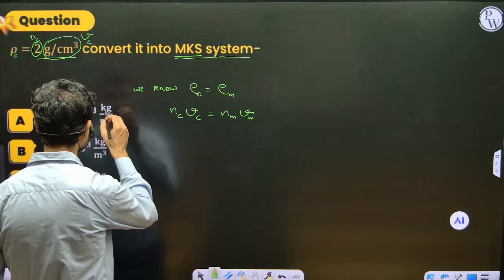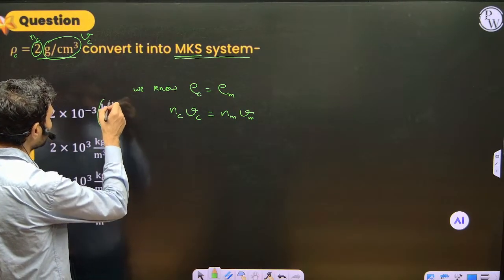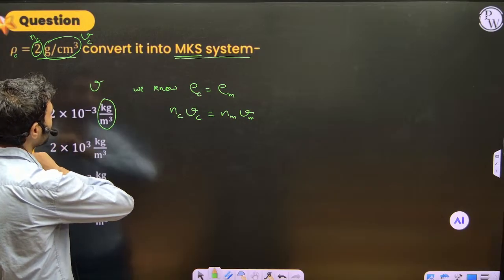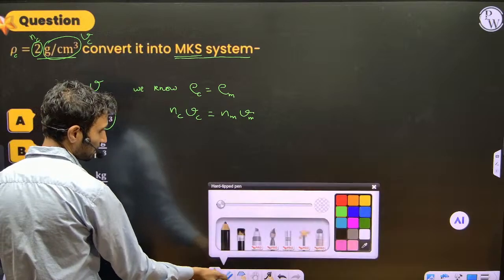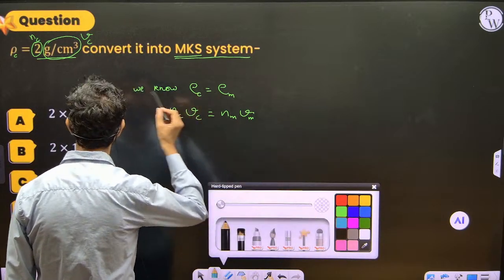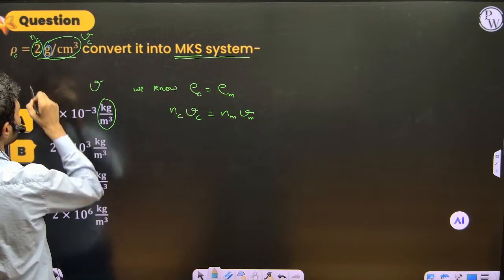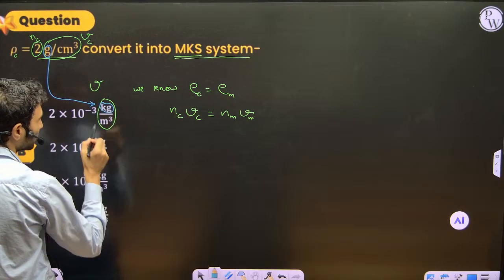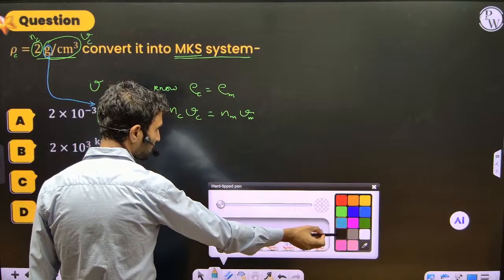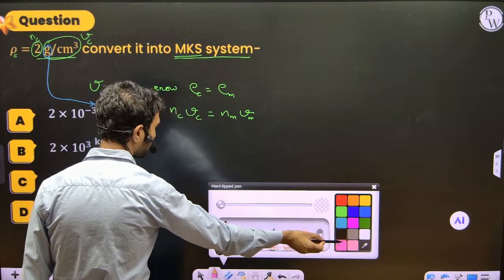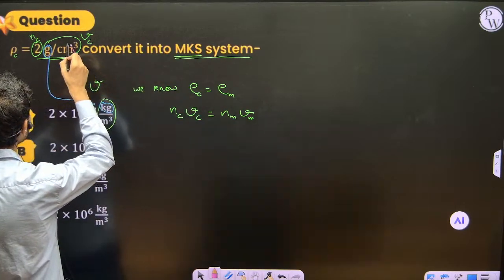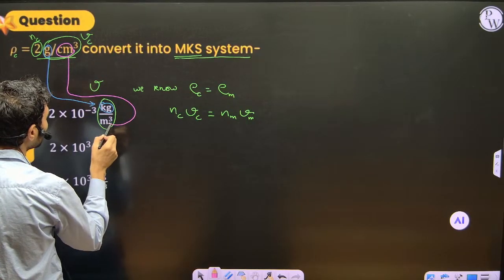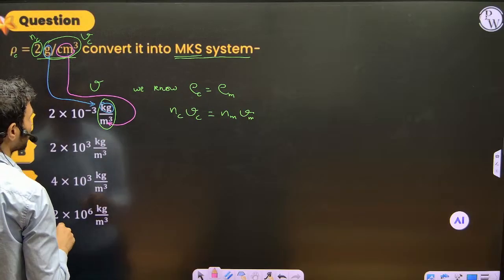And what is kg per meter cube? This is a unit written in which system? Instead of gram, we have kg, and instead of centimeter, we have meter, right?